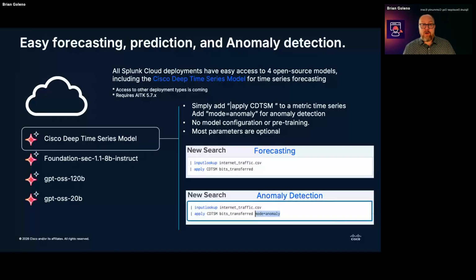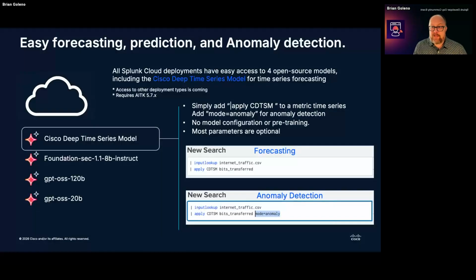To start with it, all you have to do is take that same forecast you did and say mode equals anomaly. There's mode equals forecasting, mode equals anomaly. Enter, boom. You have yourself an anomaly detection graph that I'll show you here in a minute. And there's one sensitivity knob that you can tune up or down. There are some other controls, but we like to keep those all simple and default from the start.